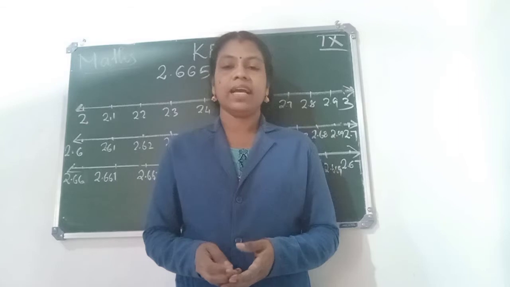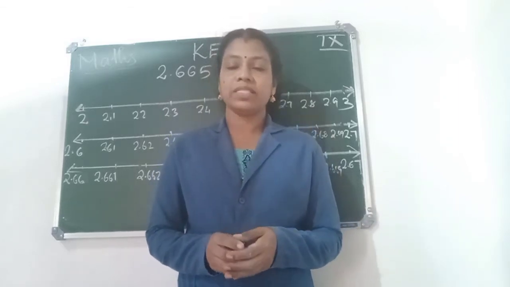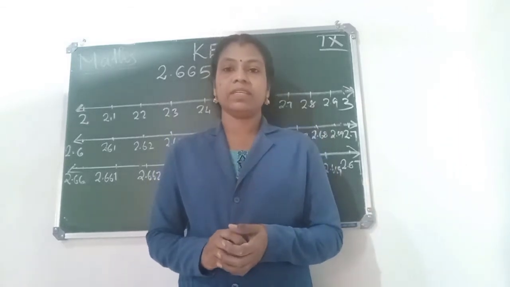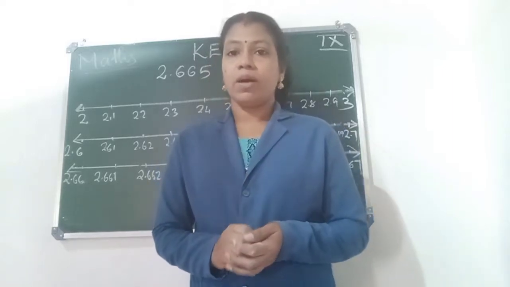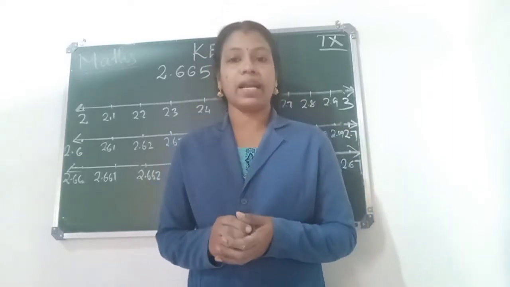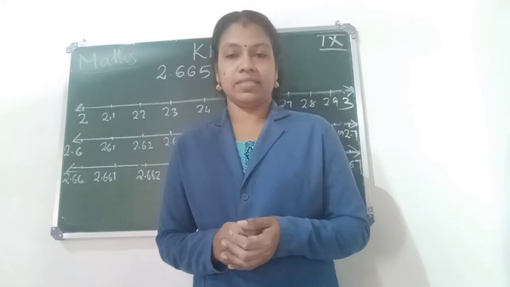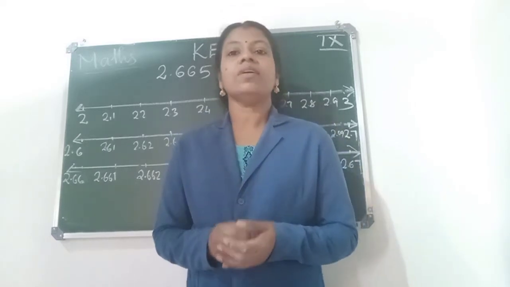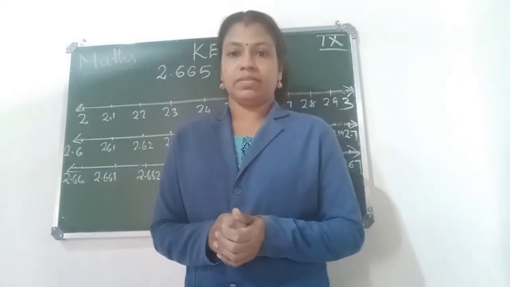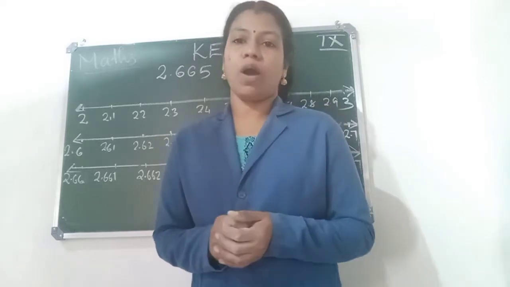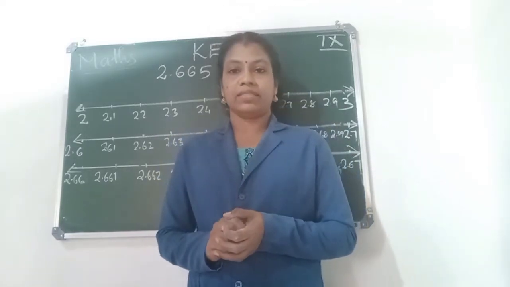Okay, next, representing real numbers on the number line. On the basis of the process of successive magnification, we can say that corresponding to each real number, there is a unique point on the number line.